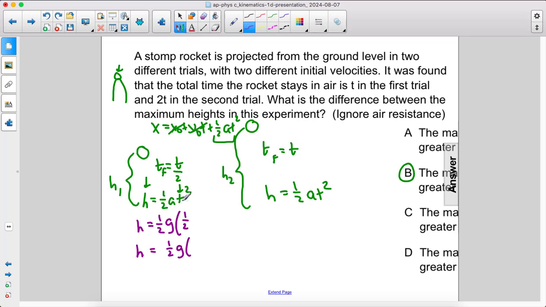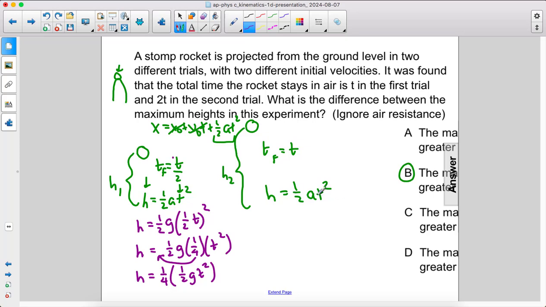So instead of t over 2, let's make it 1/2 t squared. That's the same thing as t over 2 squared. 1/2 squared is 1/4 times t squared. Now, our original equation was 1/2 at squared. So therefore, this 1/4 is the thing that's going to come out front. We have 1/4 times 1/2 gt squared.